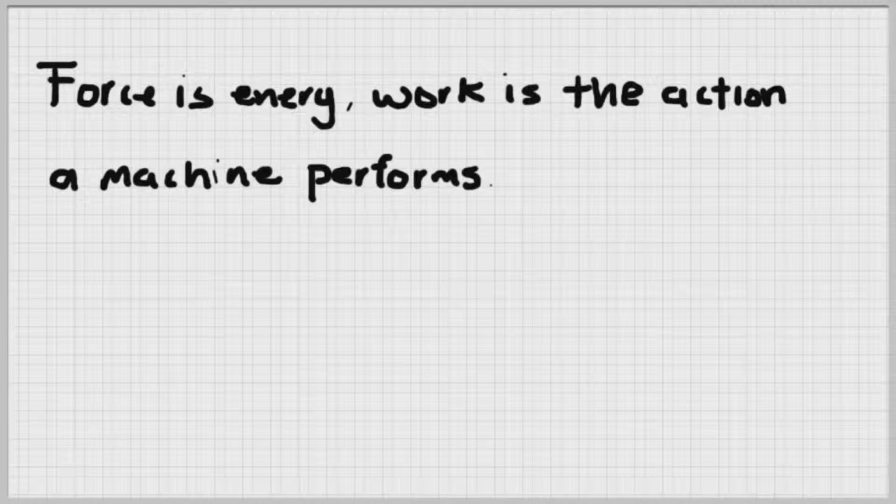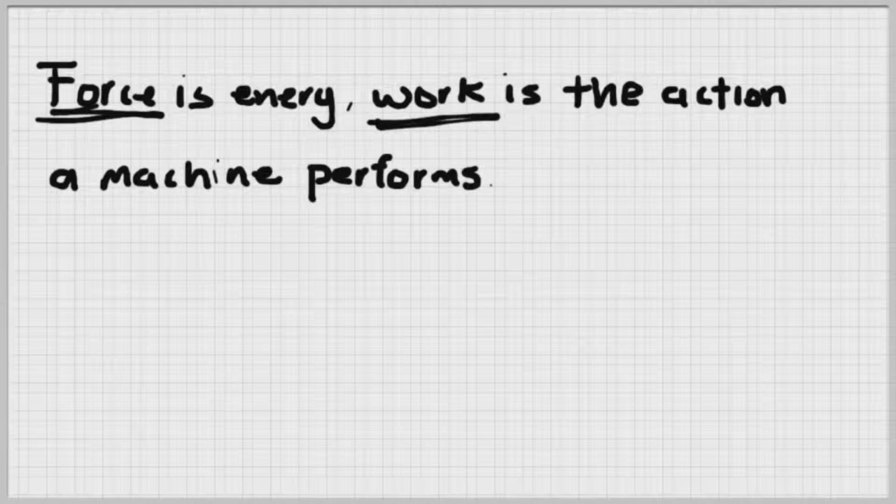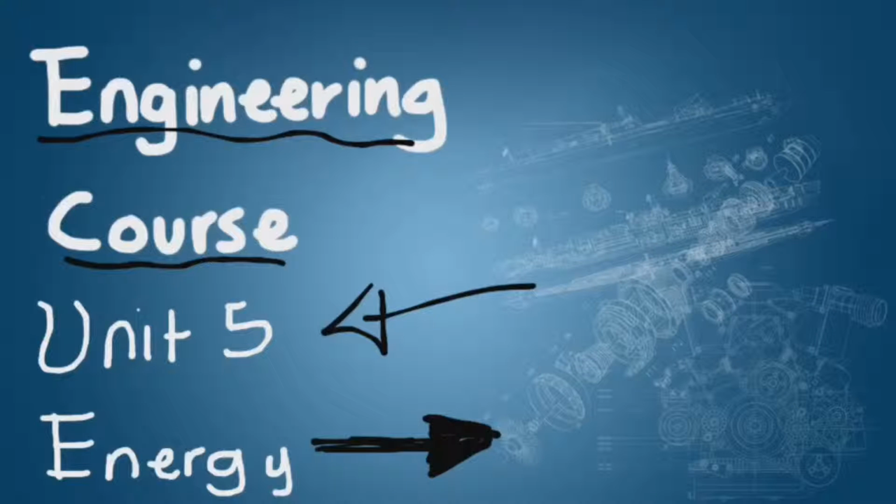Next example, force is energy, work is the action a machine performs. So don't forget that force is the unit or the noun, whereas work is the action that any machine or person does. Let's do some recap.